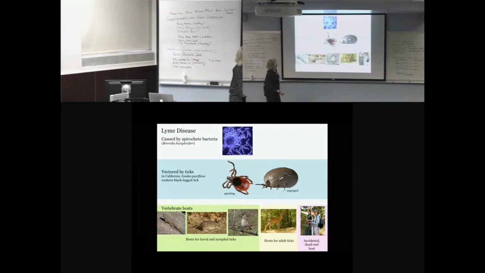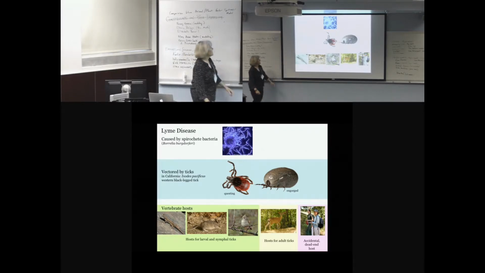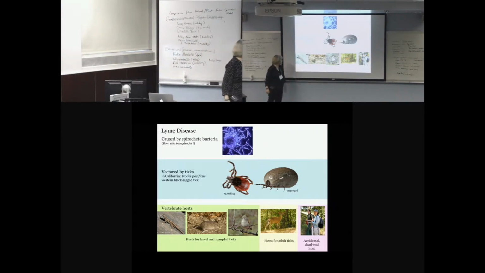So the system involves a bacteria, the spirochete bacteria, Borrelia burgdorferi. That's the pathogen in the system. It's vectored by ticks, and on the West Coast, it's vectored by Ixodes pacificus, the western black-legged tick. And then there are a range of different vertebrate hosts.